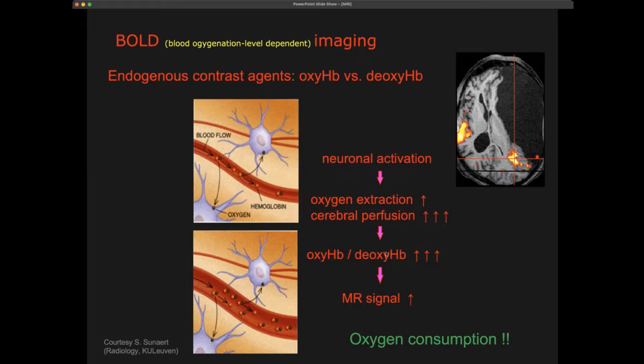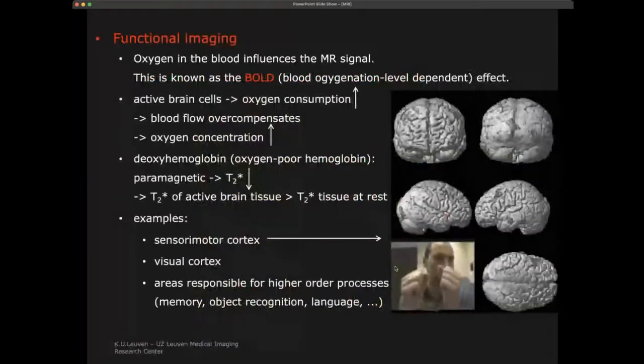So it's changing very quickly the ratio of oxy versus deoxyhemoglobin. By measuring before the activity and after the activity, we can see where locally there was a change in this ratio, thus inferring where locally there was more perfusion of blood being used and thus more neuronal activity. That's what functional imaging of the brain is based on.